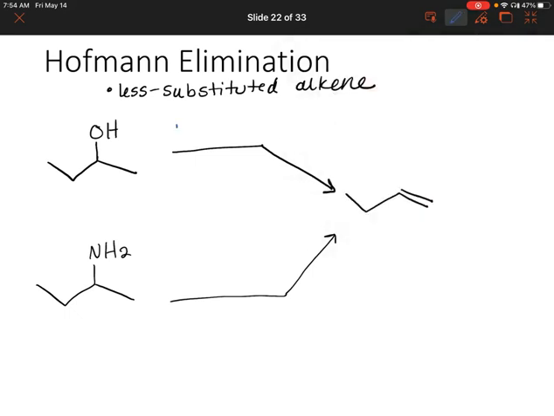So one way that we did that was by adding a tosyl group. And then we used a base to take a proton. Now, would we want to take the proton from the more substituted carbon or the less substituted carbon here? The less substituted carbon. So would we want a small base or a large base?